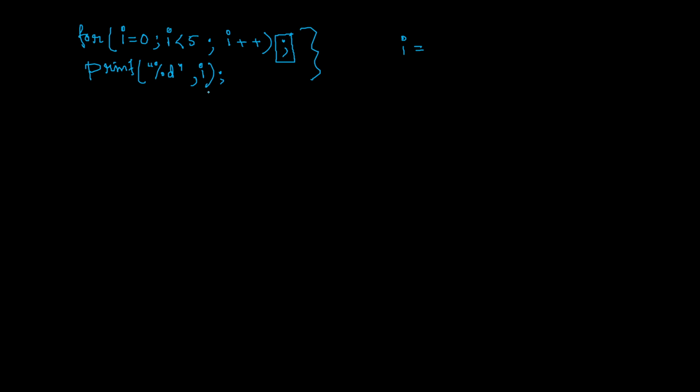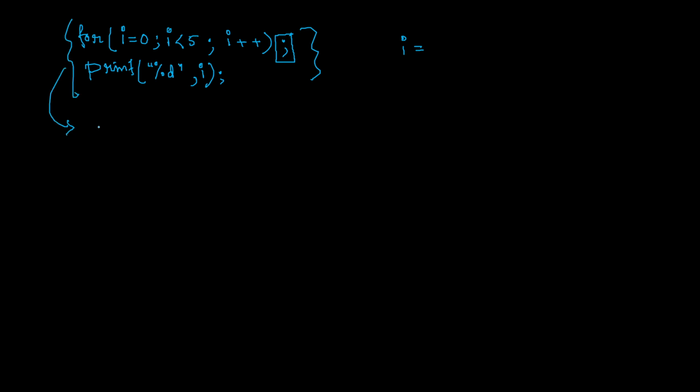Now the question will come: if this is independent, that means the value of I will be printed only once. So what is the value of I when this line is executed? You see what this particular program stands for.